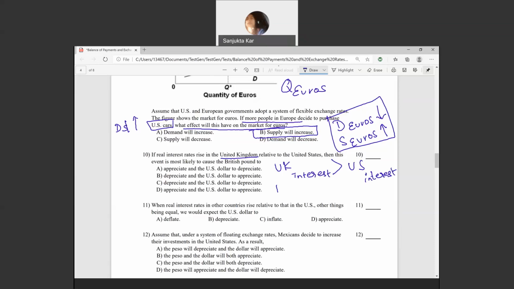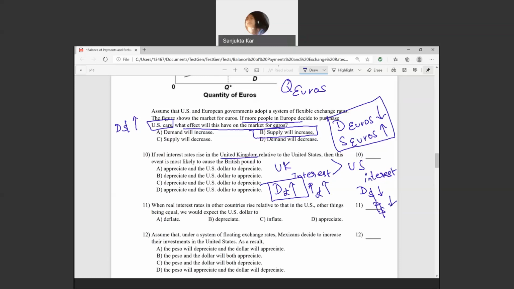So the demand for British pounds is going to go up, and demand for US dollars is going to go down. This causes the price of pound to go up, and price of dollars to go down.